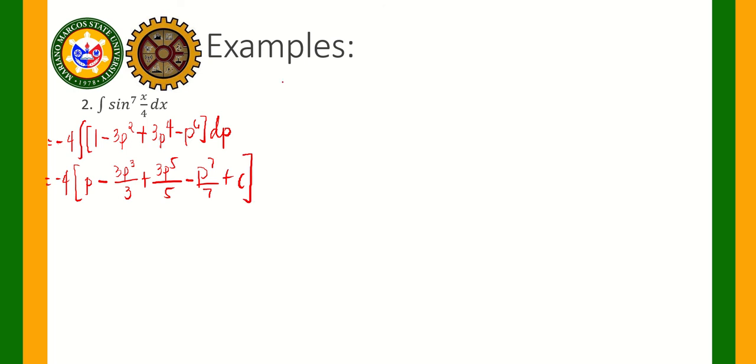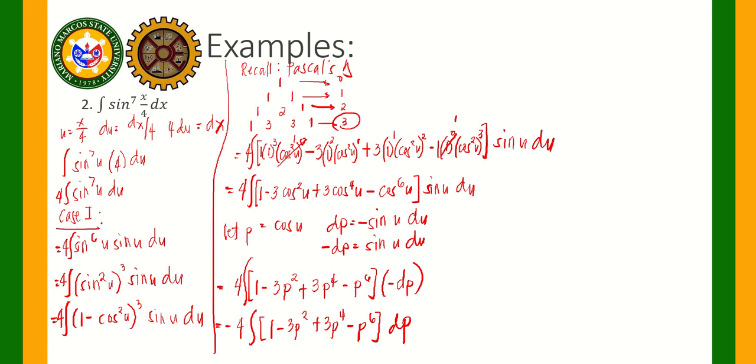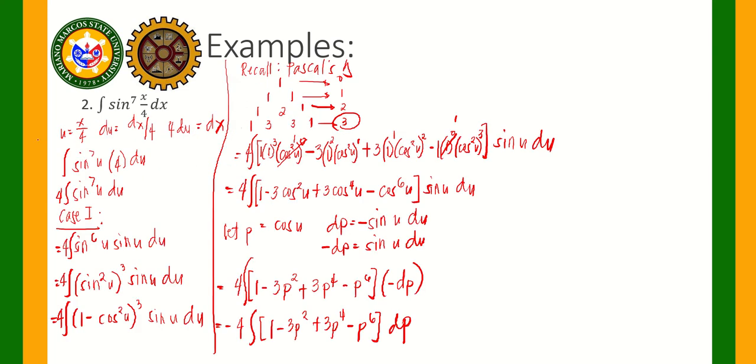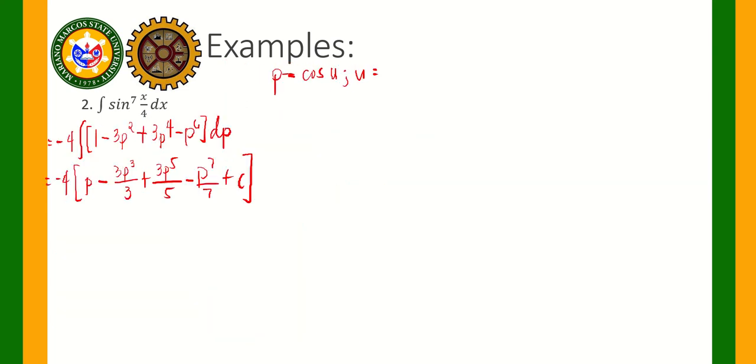Now, let's recall what p is. What p did we use earlier? It is cosine u. And our u is equal to x over 4. Therefore, our p is equal to cosine x over 4. That is what we will substitute here.